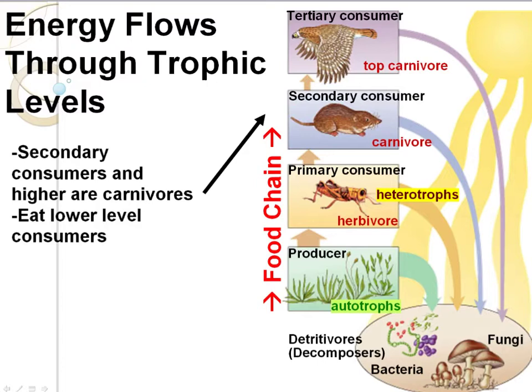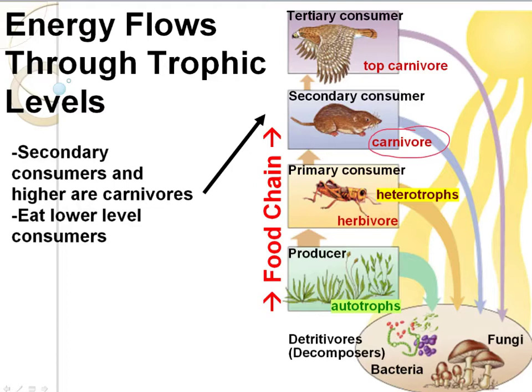Moving up the food chain, we next have secondary consumers. And secondary consumers eat the primary consumers. Since primary consumers are other animals, what's going to happen is that the secondary consumers and every consumer above that is going to be a carnivore or meat eater.